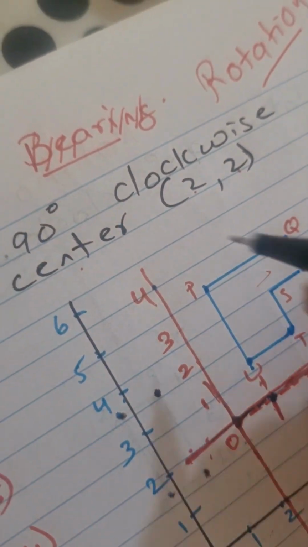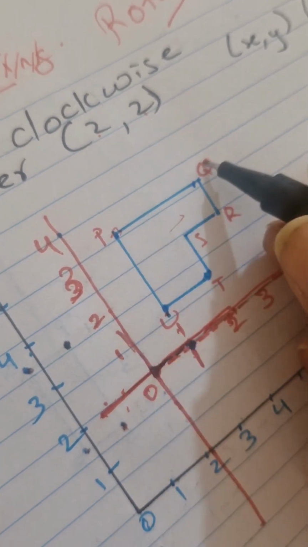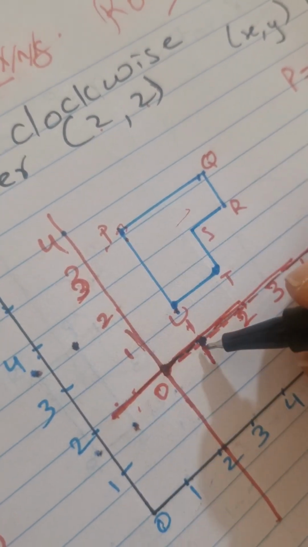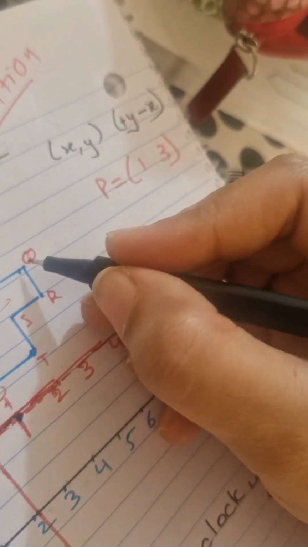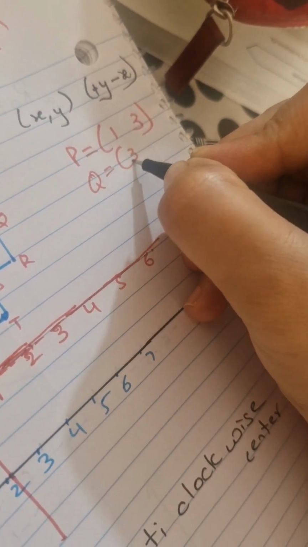Okay, so now this is 3. Now we will find the new coordinates first. I have already given you the letters P. So P is here 3 and 1, 1 and 3. Okay, now Q is 3 and 3.